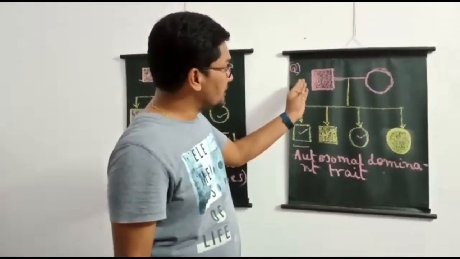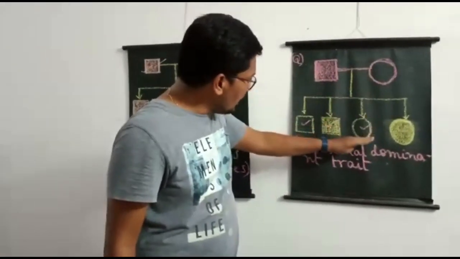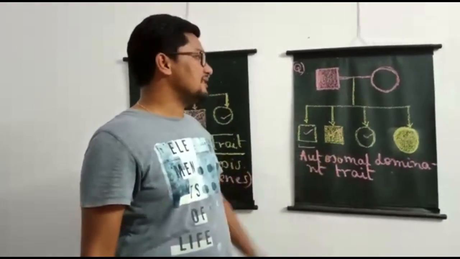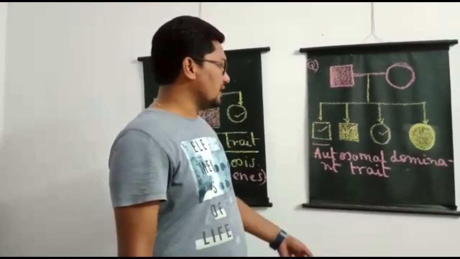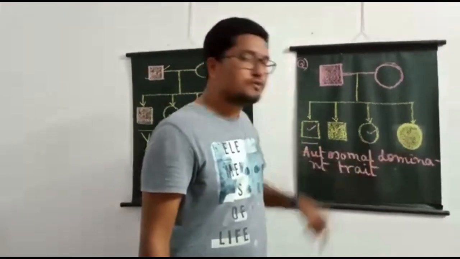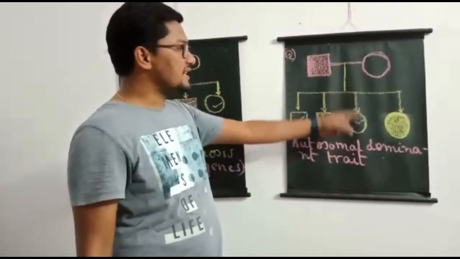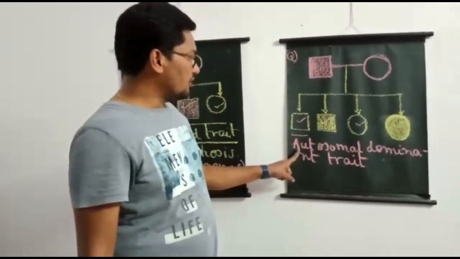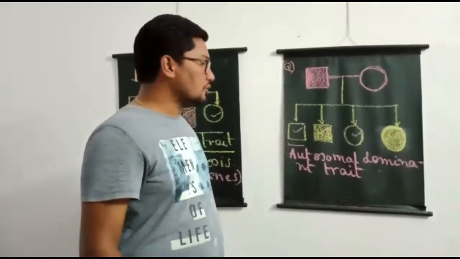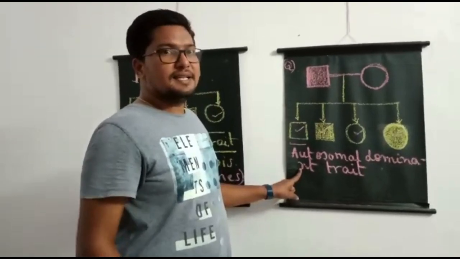Another pedigree chart may show the male is normal and the female is affected. But still, out of the 4 children, irrespective of the sex, if 50% of the children are affected, meaning out of the 2 sons, 1 son is affected, out of the 2 daughters, 1 daughter is affected, this kind of pedigree chart always indicates the inheritance of which type of trait? Autosomal dominant trait. And for autosomal dominant trait, Huntington's disease is the best example.